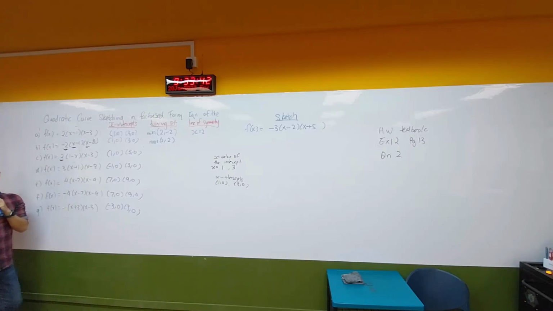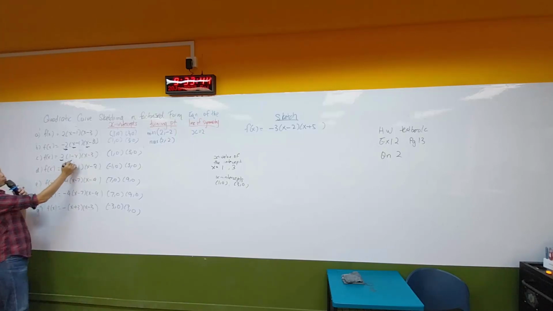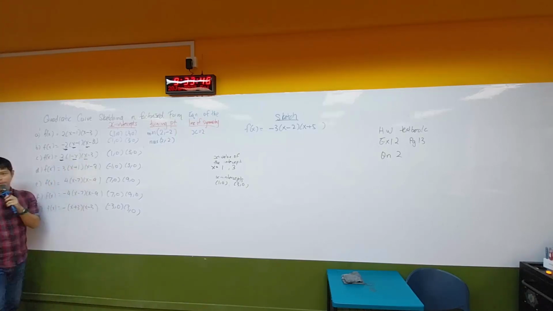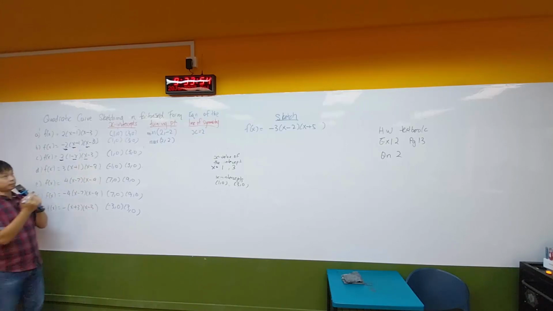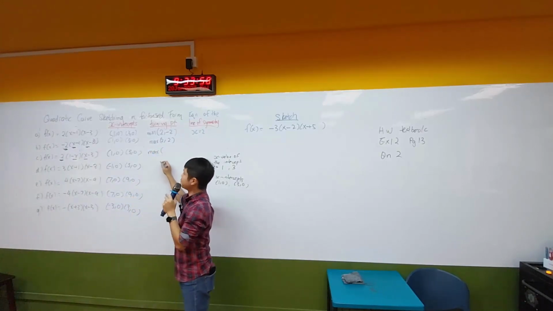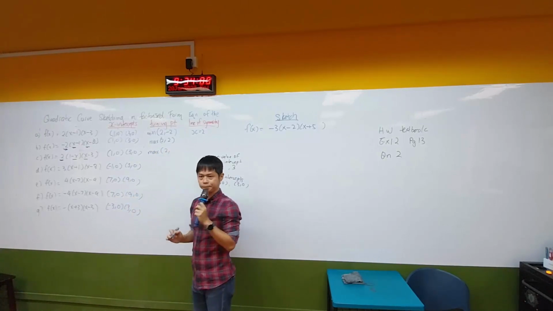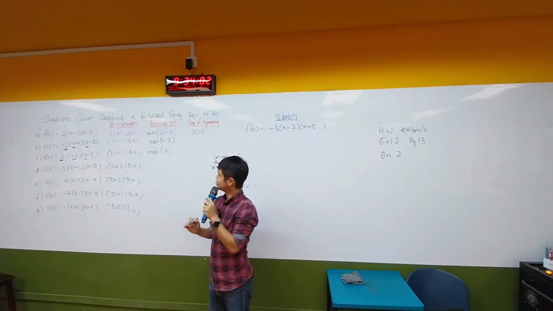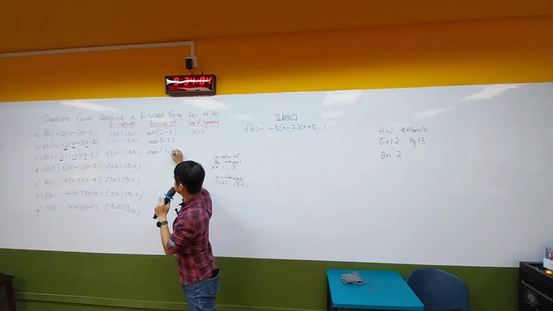Don't be tricked by the first number here. You have to look at the x squared term. The x squared term after expanding will be negative 2x squared. So it is a maximum. And the turning point will be 2, 2.